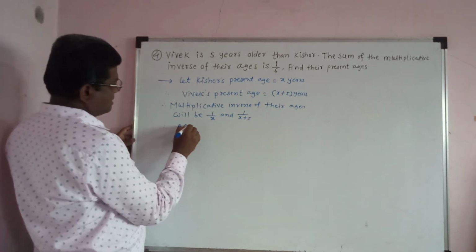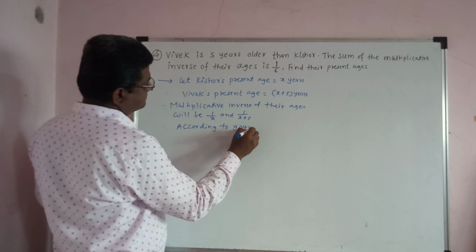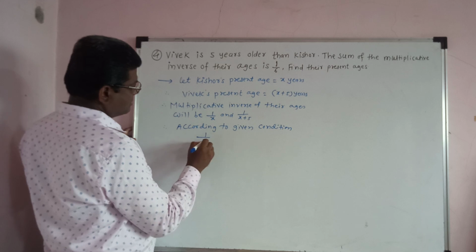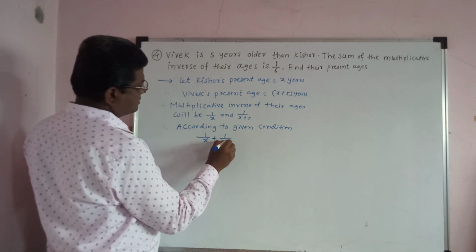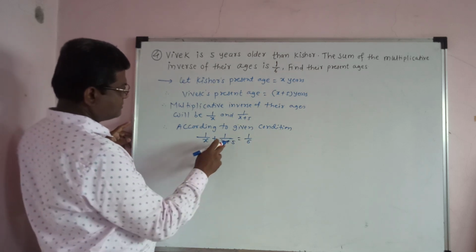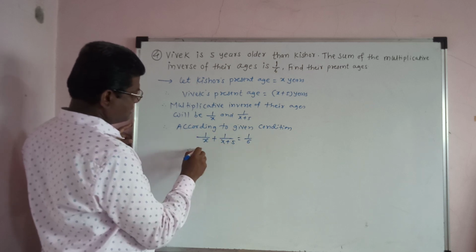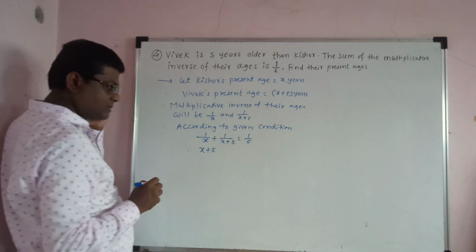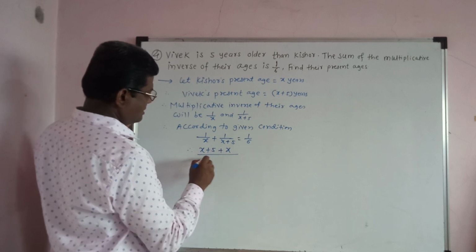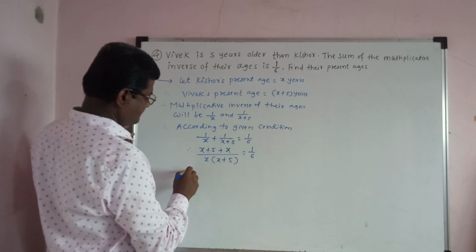Therefore, according to the given condition, 1/x plus 1/(x plus 5) is equal to 1/6. Take cross multiplication. x plus 5 into 1, that is x plus 5, plus x into 1, that is x, upon x into bracket x plus 5 is equal to 1/6.